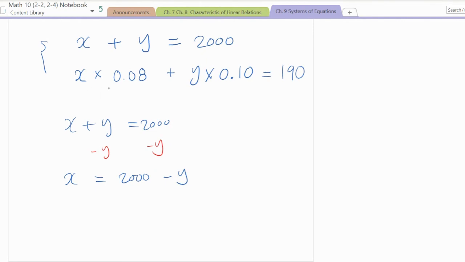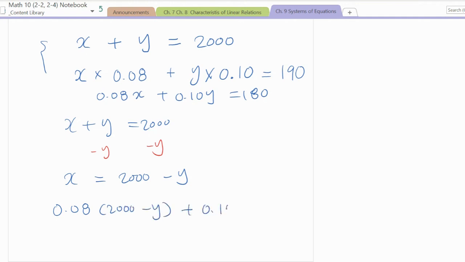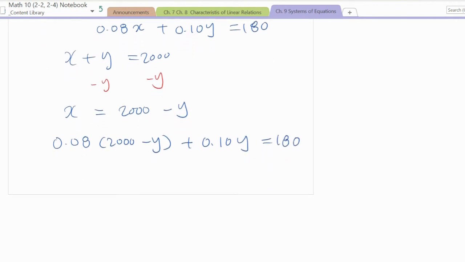Let's simplify the equation before we use it. 0.08x plus 0.10y equals 190. From here, we're going to use 2000 minus y instead of x. Then 0.08 times (2000 minus y) plus 0.10y equals 190. So finally, we have only one variable and one equation.